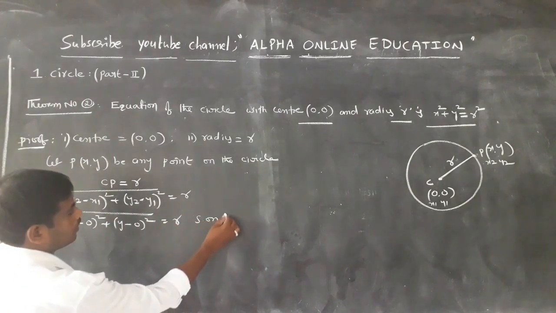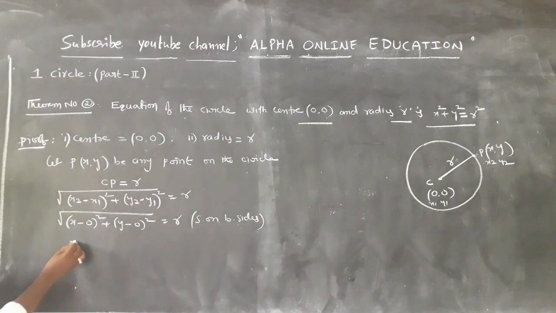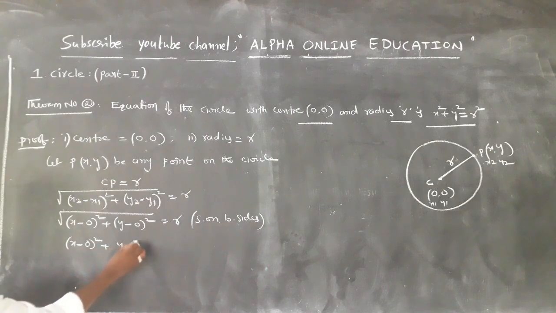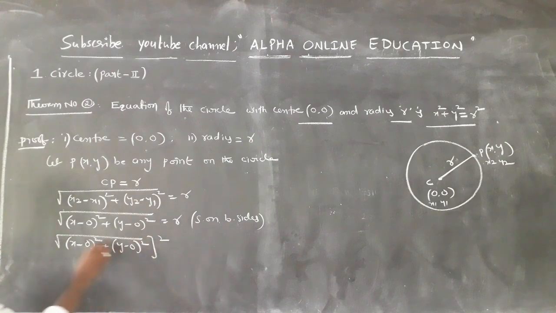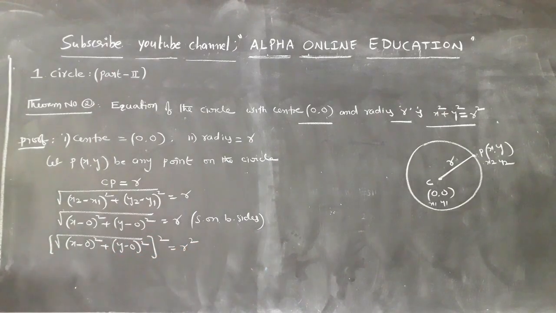Squaring on both sides. Under root of (x minus 0) whole square plus (y minus 0) whole square, whole square, is equal to r square.